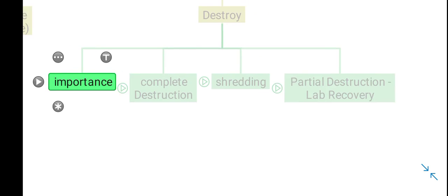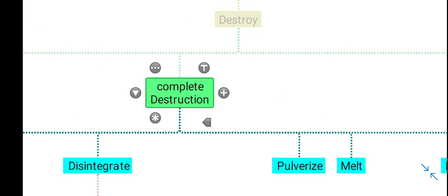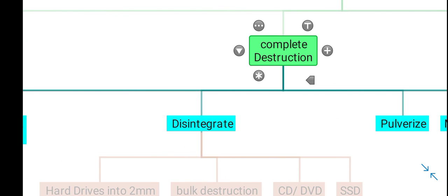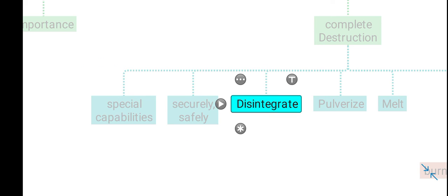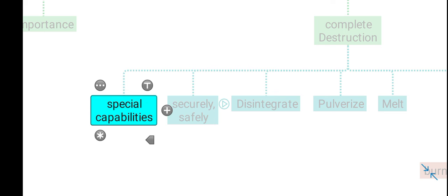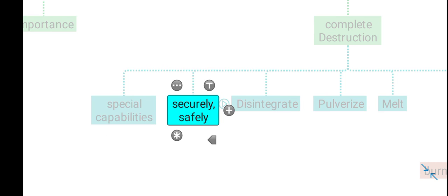Now, there are certain techniques which ensure complete destruction. These require special capabilities and human resources, and these should be performed securely, and the safety of individuals should also be ensured.